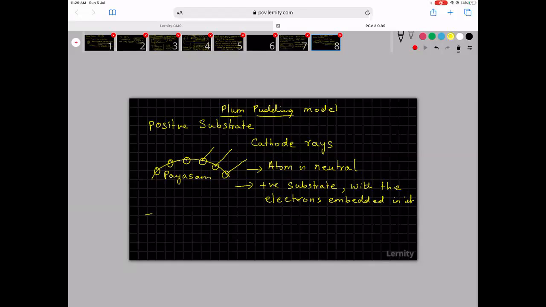Then the total positive charge was equal to the total negative charge. Okay, this was a model which was proposed by a scientist by the name J.J. Thomson.